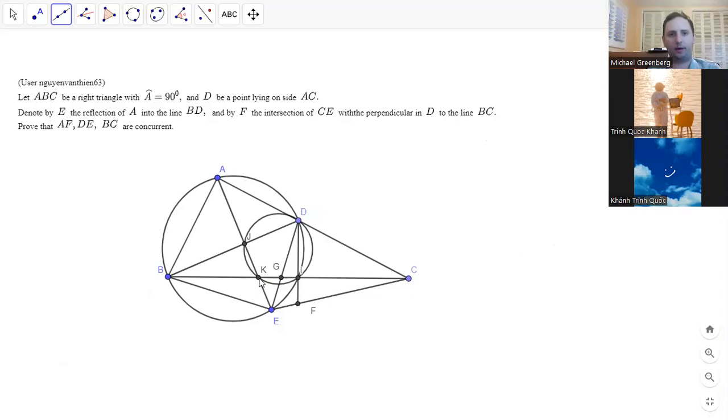Yeah, it looks like harmonics, right? So yeah, what if we let DK intersect CE?